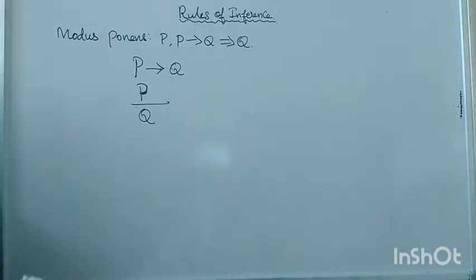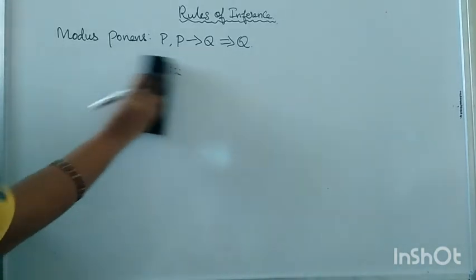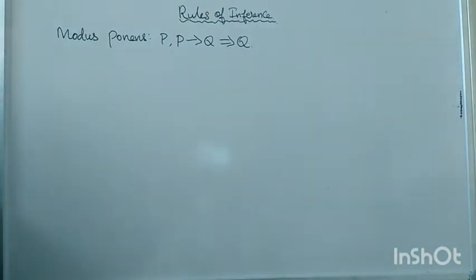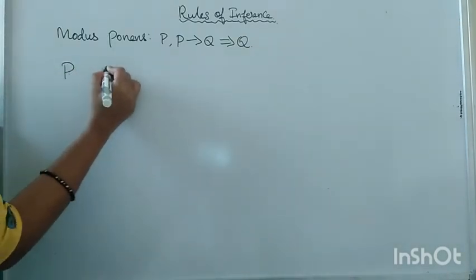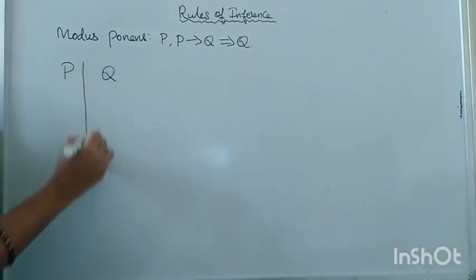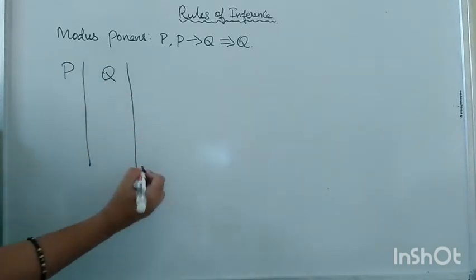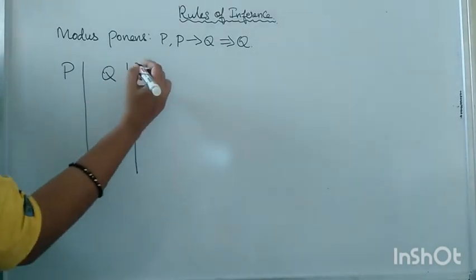In order to prove this, we can draw the truth table for it. You can take the P value and then we can write the Q statement.